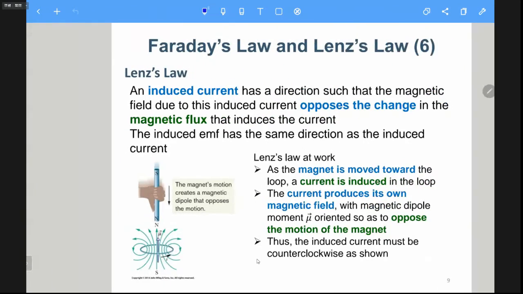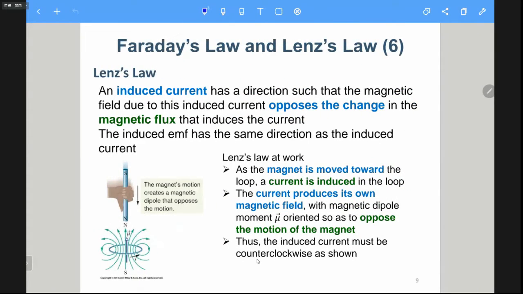And next, we will consider the direction, which is not so trivial. Here we talk about Lenz's law. The induced current has a direction such that the magnetic field due to this induced current opposes the change in the magnetic flux that induces the current.